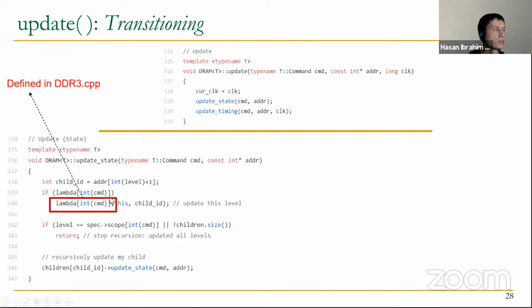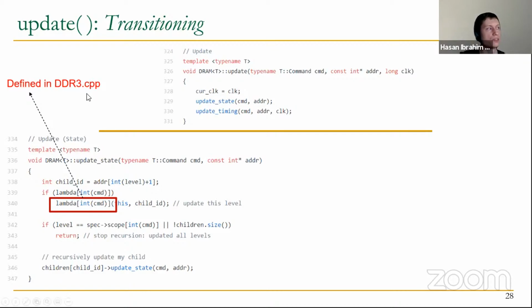And it does that based on a lambda function that is defined in DDR3.cpp, for example. So this part is the standard-agnostic part, and this lambda function ties it to a specific DRAM standard.